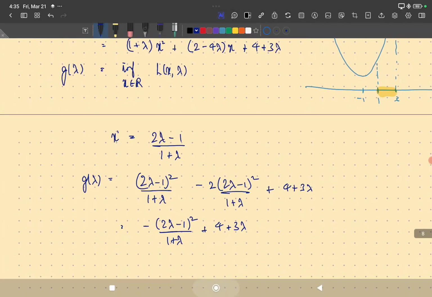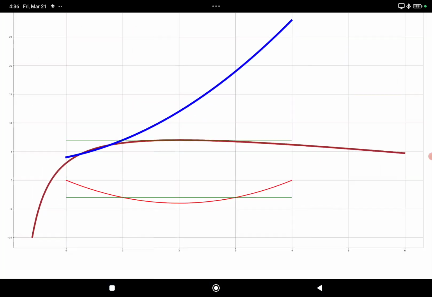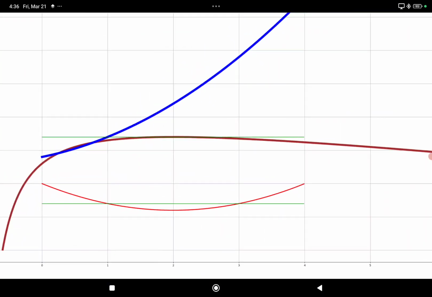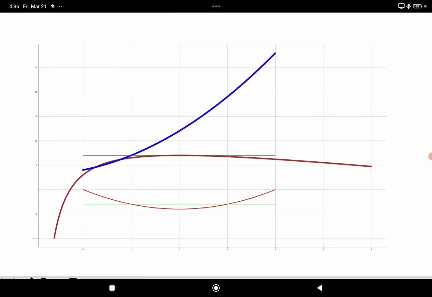All right. So let's just quickly see what this looks like. So over here, the blue curve.